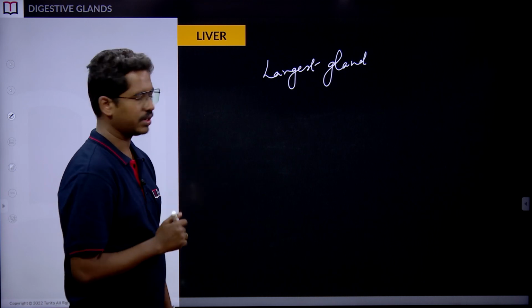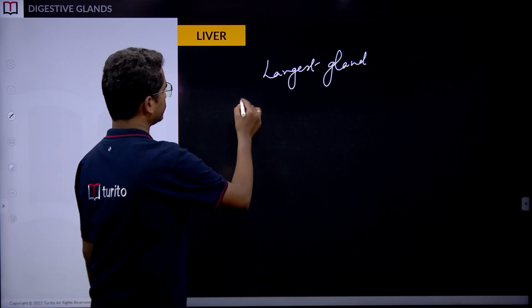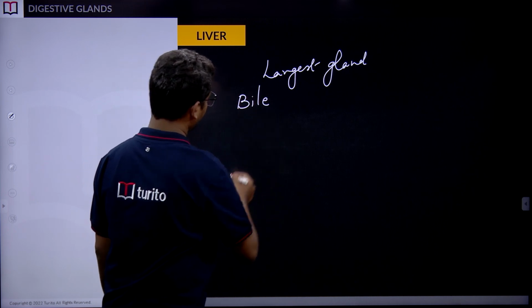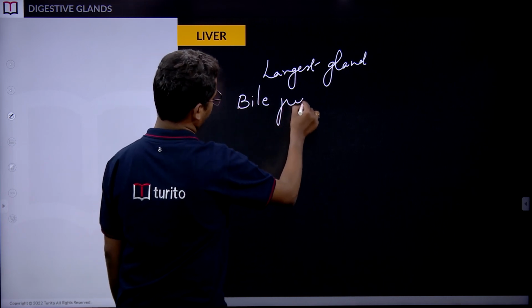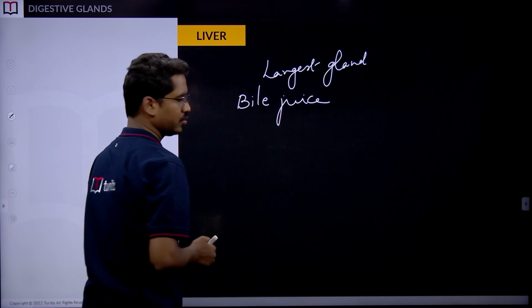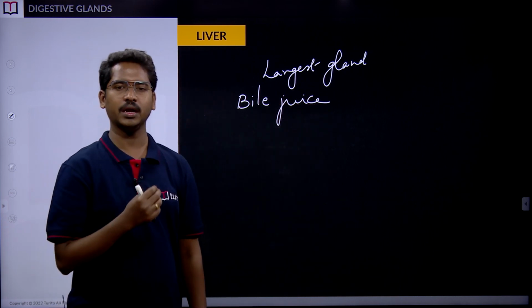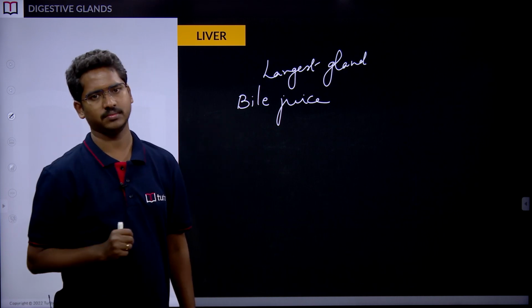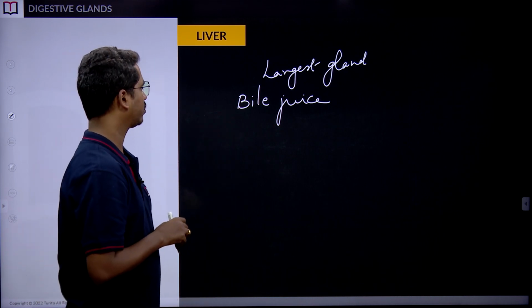So, liver is the largest gland and it helps in doing what? Okay, based on your understanding, you say it gives us bile juice. Because you know it, you have learnt it earlier, and we also discussed that in brief in the previous session, right, bile juice.